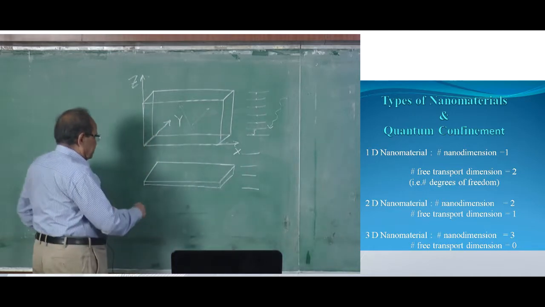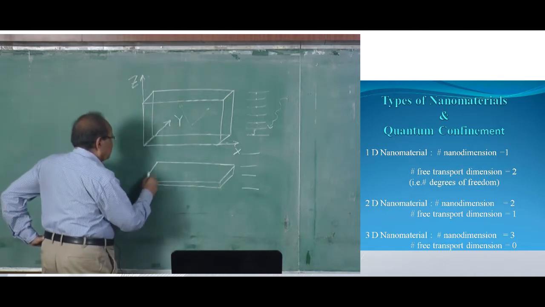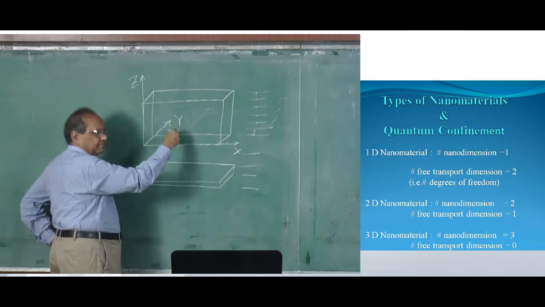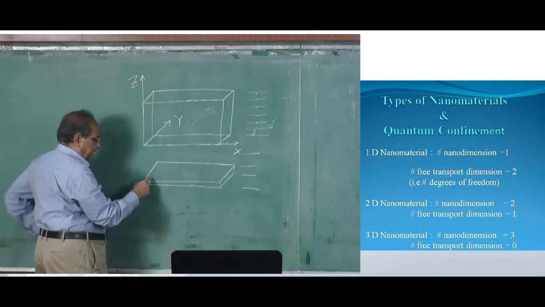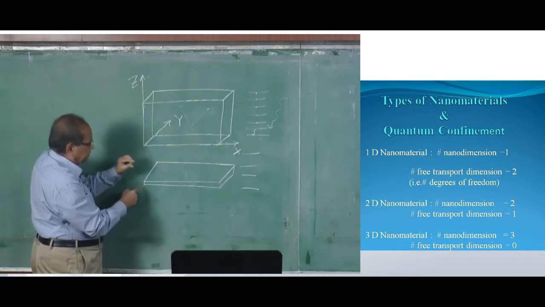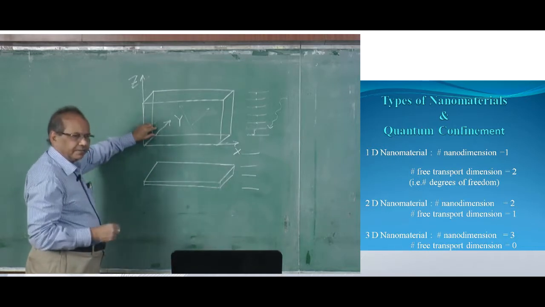Now here you see that the electron in the bulk material has 3 degrees of freedom. They can freely move in 3 directions. But here it cannot move in the Z direction because the Z direction is extremely small. So it cannot move so easily.